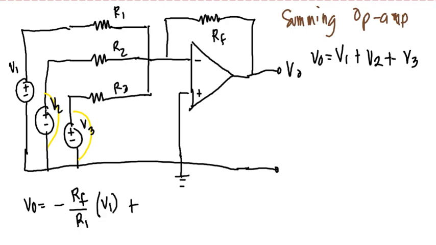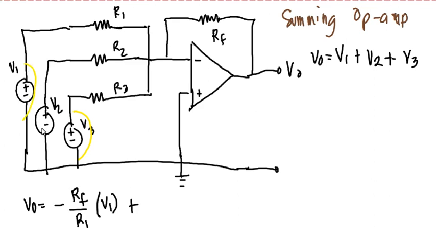plus. This time we will be considering V2. Here we consider V2, and V1 will be shorted.